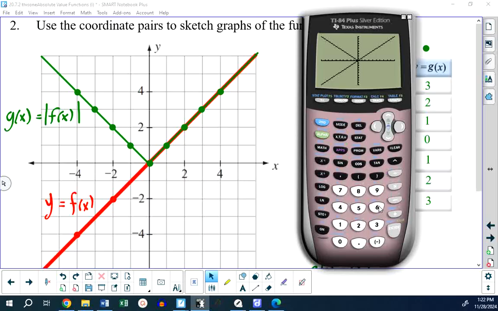If you want to look at it so that it's scaled exactly the same way horizontally as vertically, then you go zoom square, zoom 5. It's not going to magically change your screen to a square, but it will scale it in a square-like fashion. So that this distance on your calculator horizontally, if that's 10, it will put the same distance as being 10 vertically. And you can see that that's what it looks like.